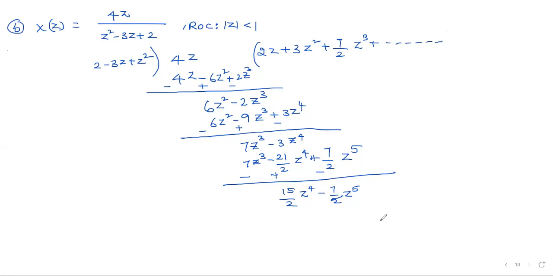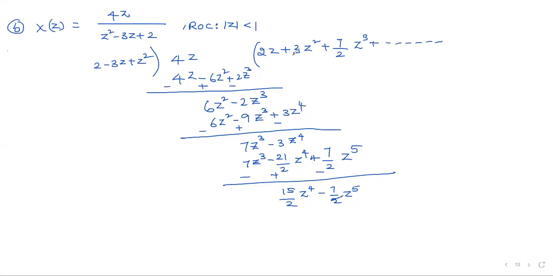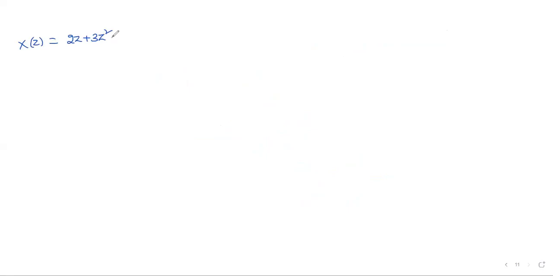Now one more page I will take and write there. What is x of z? X of z is equal to 2z plus 3z square plus 7 by 2 z cube, and so on and so on.